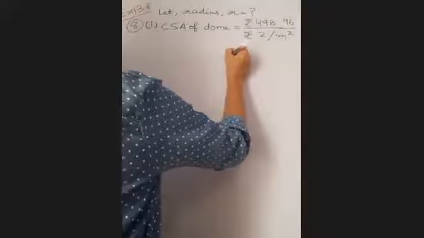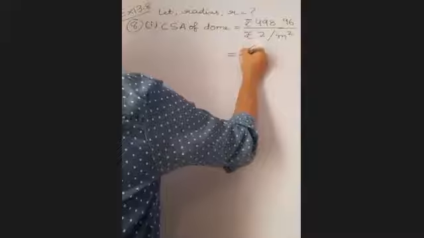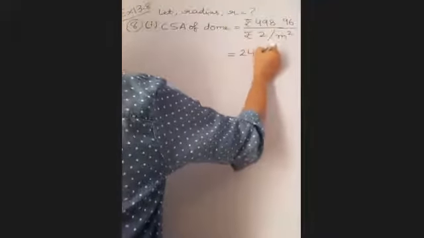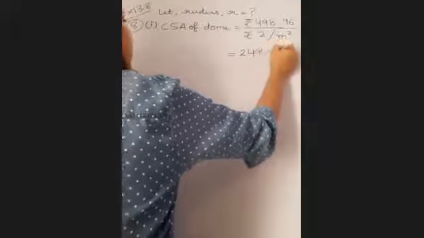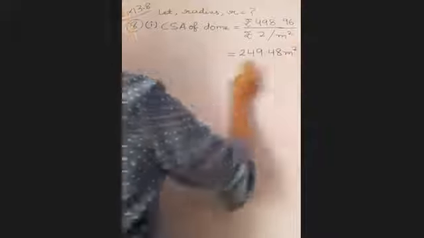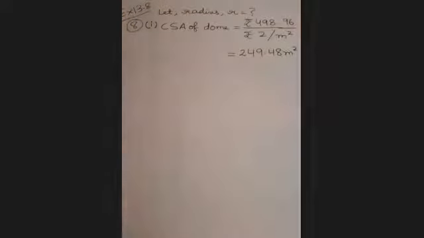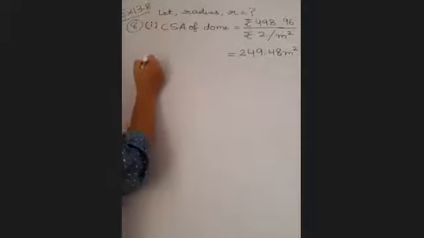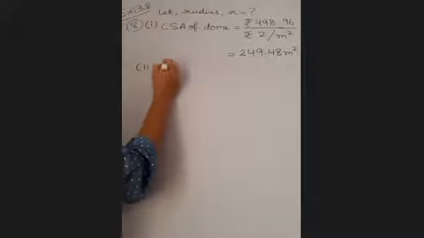Now this per meter square will go in the numerator and rupees will get cancelled. When you divide by 2, what will you get? 249.48 meters square. So this is your curved surface area. Okay? Clear, children?